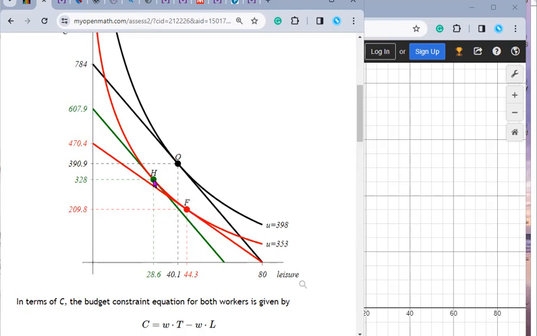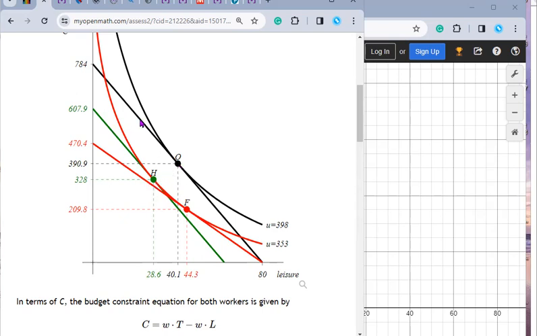This optimal solution here is not observed. This point here is in the head of the worker. We do not observe point H, but we can use theory to imagine what it looks like. So from O to H, the black line is parallel to the green line.